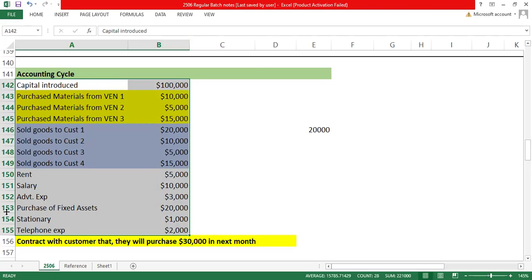The most important thing we need to take care of here is the trading account. Trading account we need to prepare. But even before the trading account, is there something we need to prepare?